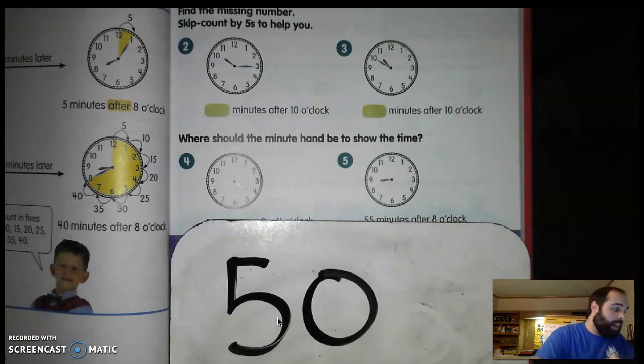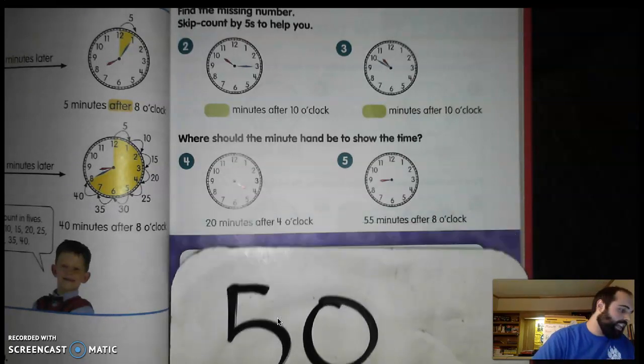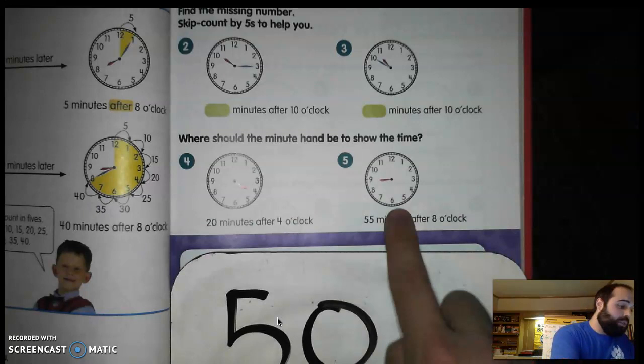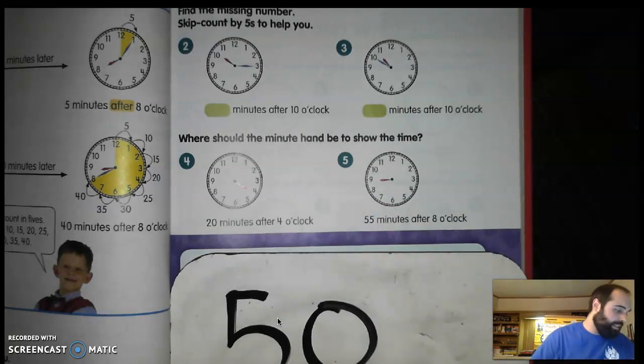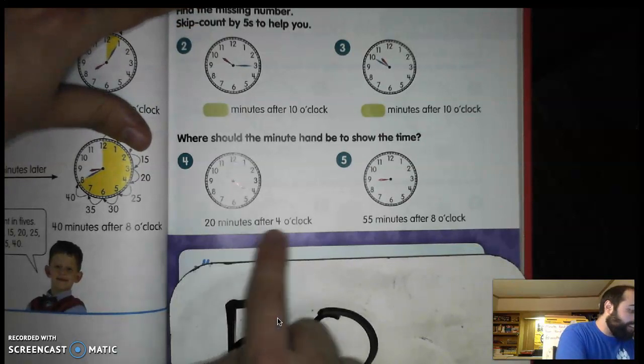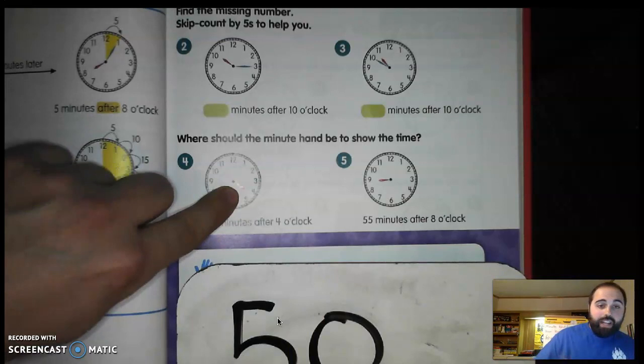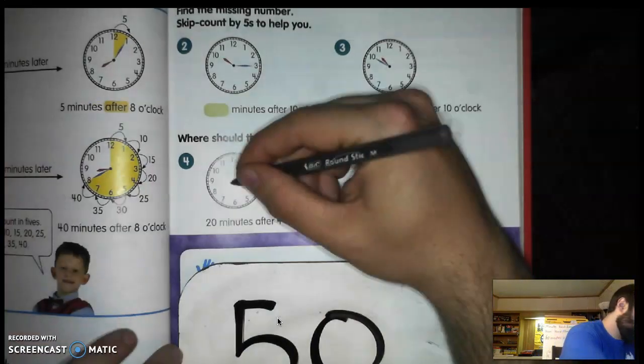Don't get tripped up by this hour hand. When we start getting to that side of the clock, it gets a little tricky. Just take your time with it. Think about the hour before, what the actual hour should be. And lastly, we're not going to do this one on paper, but if we were going to be showing the minute hand 20 minutes after 4 o'clock, they have the hour hand on here, you would be writing this minute hand pointing to the 4.